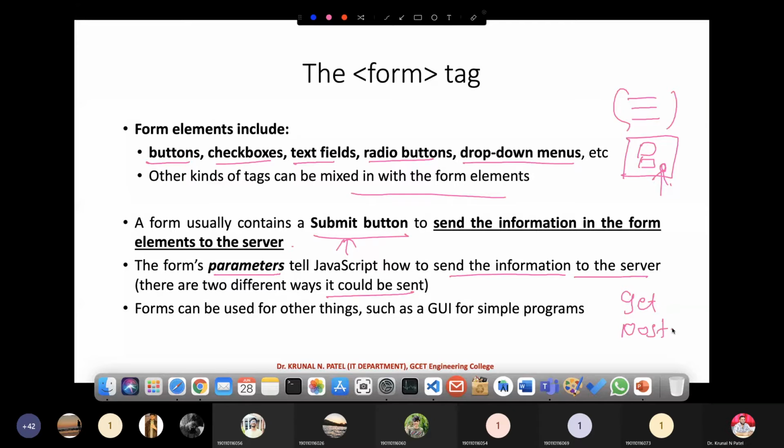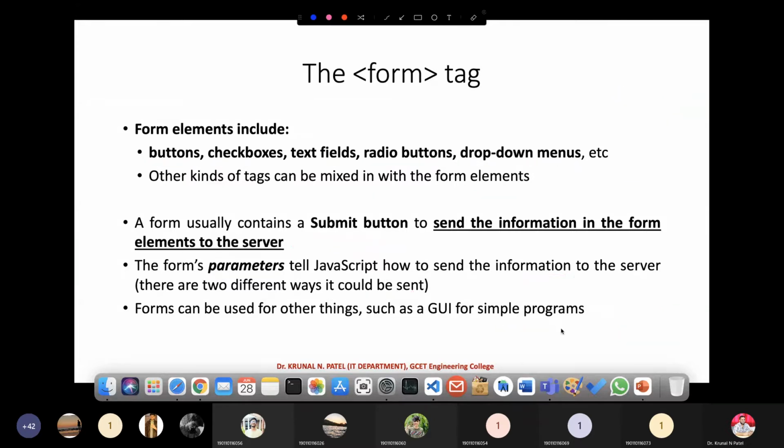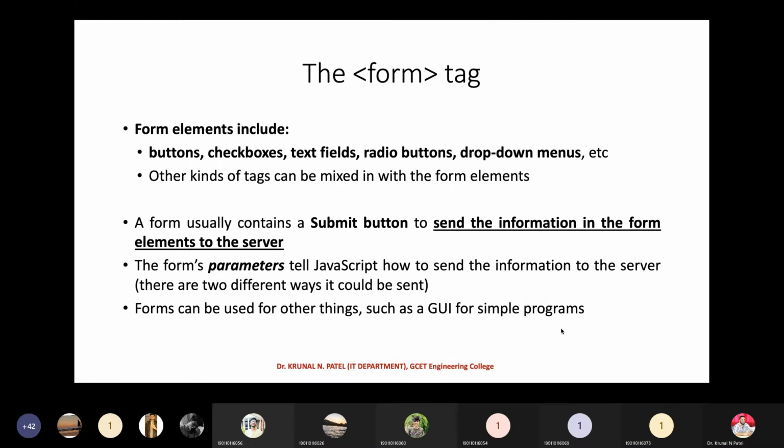A form can also be used for other things, such as a GUI for a simple program. After filling in the information in the form, you need to send that data to the server, so there is the submit button. When you click on it, the data is sent, either by get method or post method.